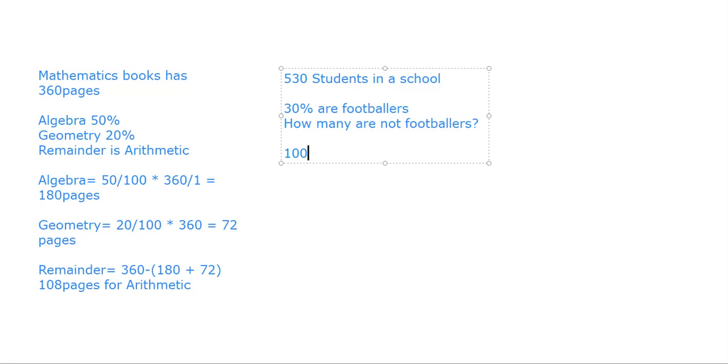We know that 100% is the total, and 30% is how many footballers, so we could minus 30, and the answer would be how many don't play football, 70%. And we could then say 70 over 100 multiplied by the total amount of students, which is 530 over 1, which would be equal to 265.